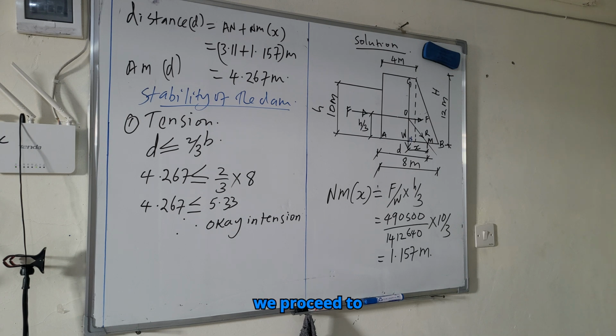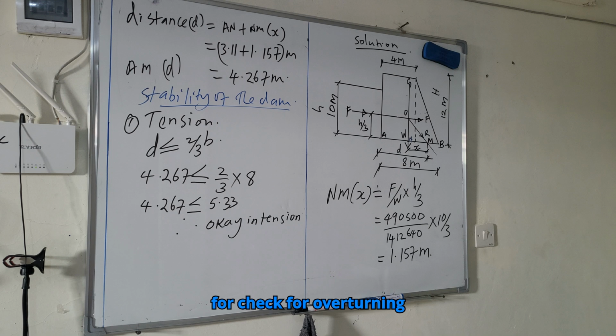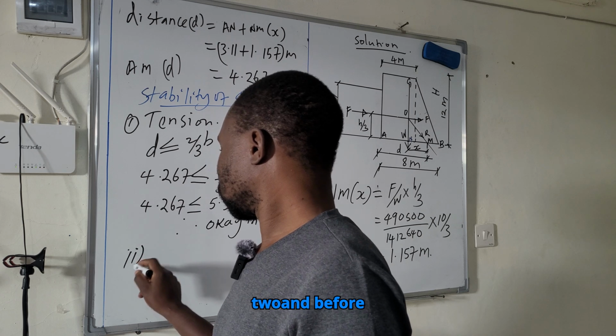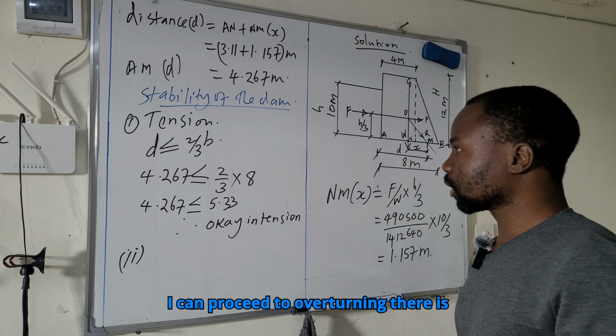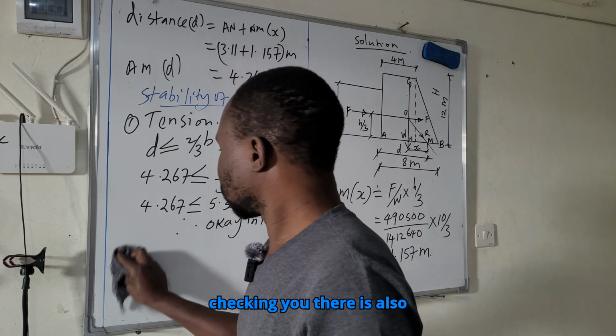We proceed to check for overturning. So number 2, and before I can proceed to overturning, there is also another case for checking.